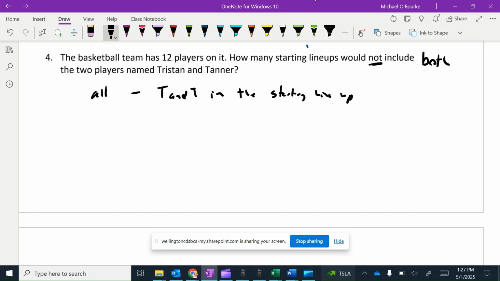So all is going to be 12C5 minus, now the opposite of Tristan and Tanner being out of the starting lineup is putting both in. So if I want Tristan and Tanner in, I'm going to go 2C2 to get them in the game times 10C3 for everyone who's left. And that's how many different starting lineups I could have.